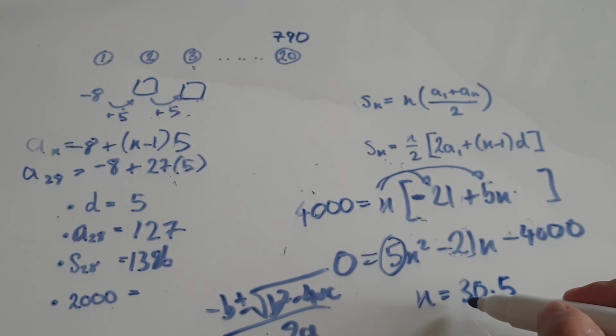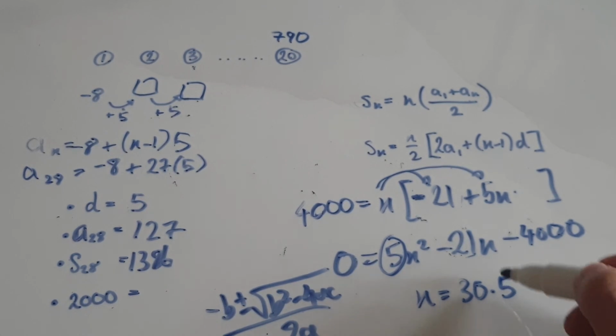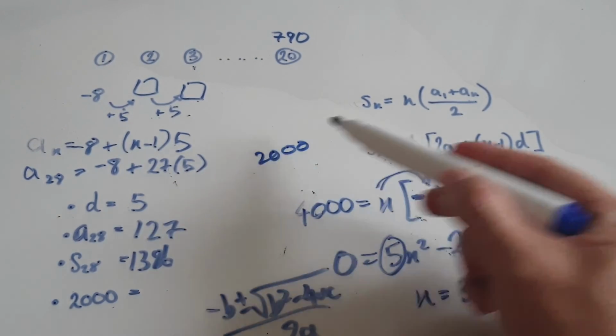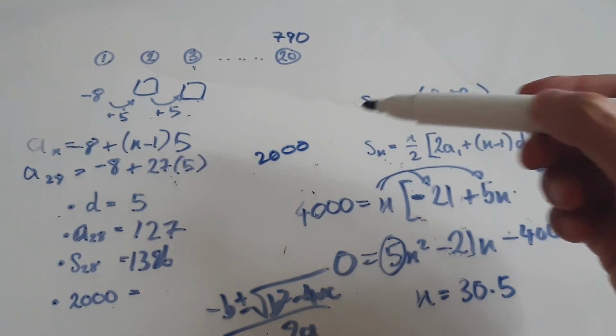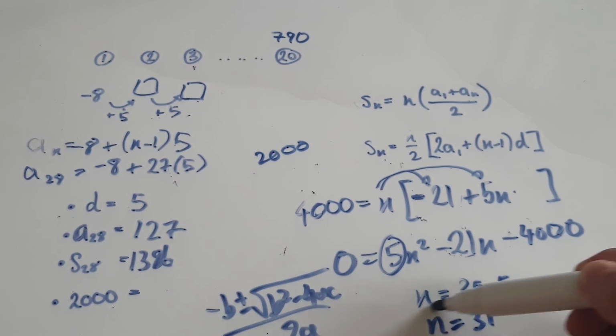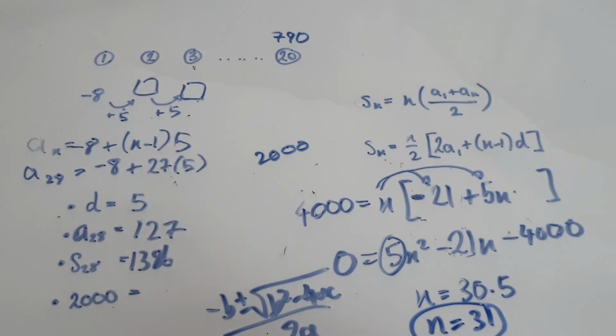So when n is precisely 30.5-ish, it would give you a sum of 2000. But then you want it to exceed 2000. So your final answer would be n equals 31. 31 would then exceed 2000. Okay? That's your final answer.